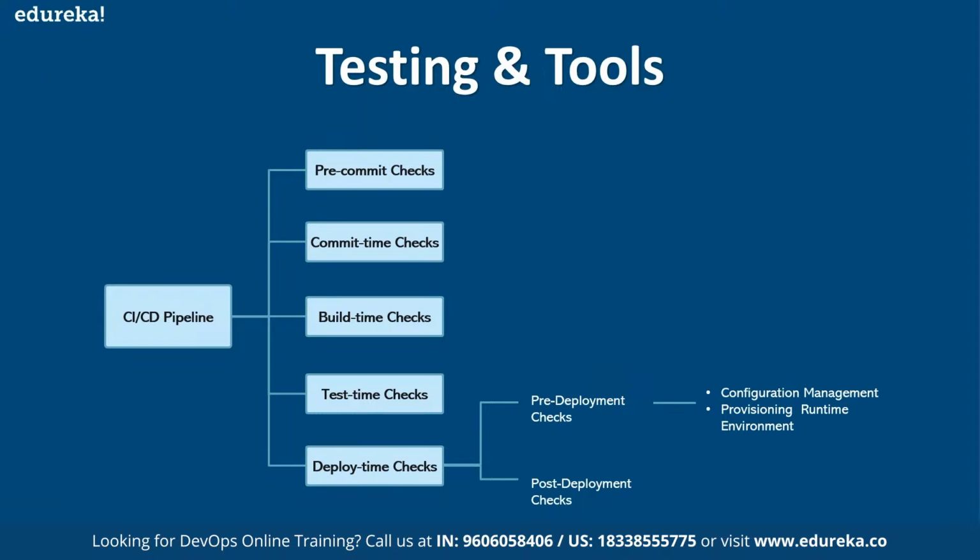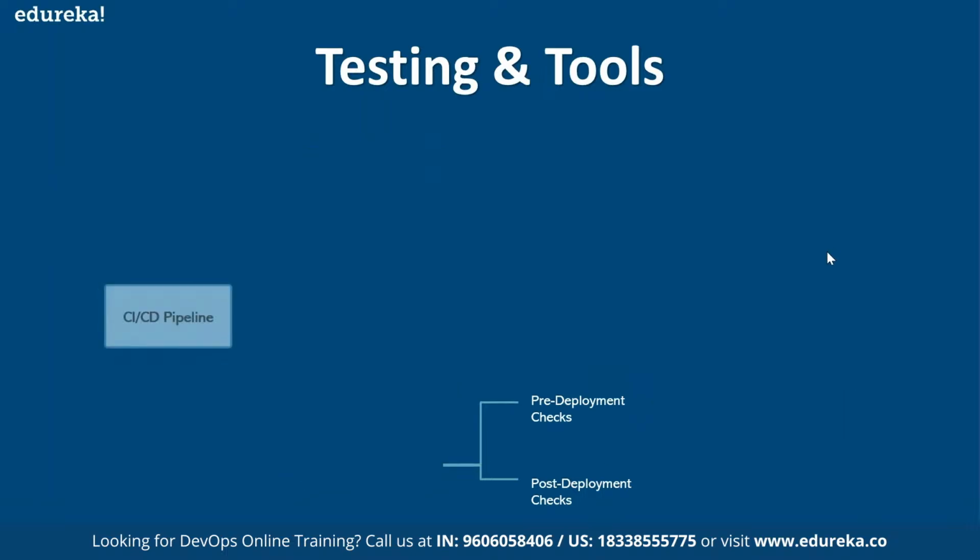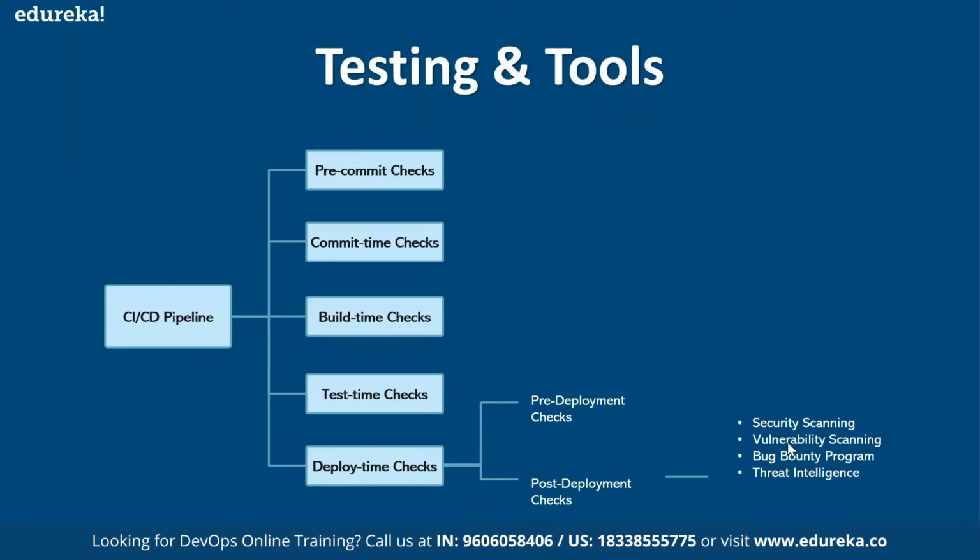On the cloud, right guys? We need configuration management testing because we are not aware of where it's being hosted, and it might have some security issues. Post-deployment, we will have a bug bounty program, threat intelligence, vulnerability scanning, and security scanning. That is your application level scanning.